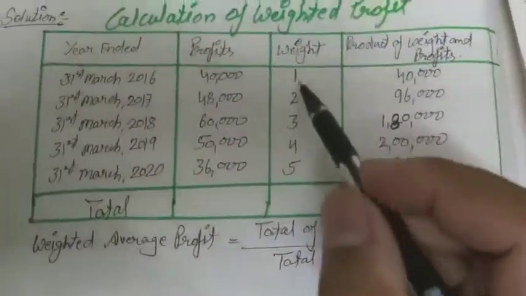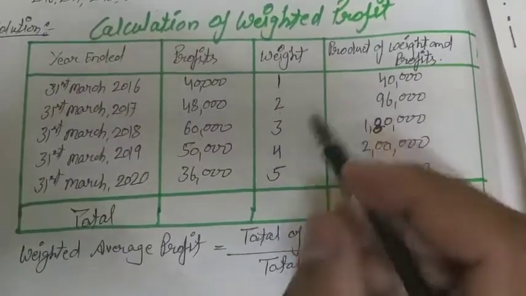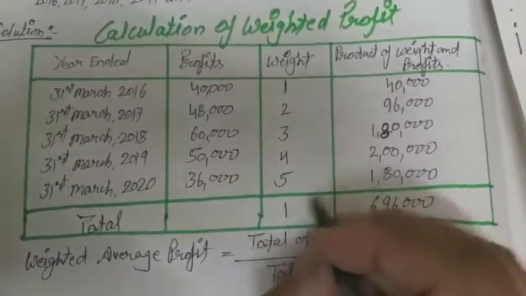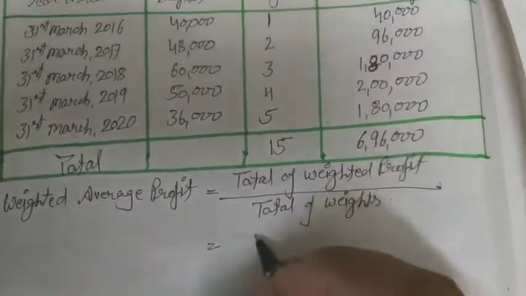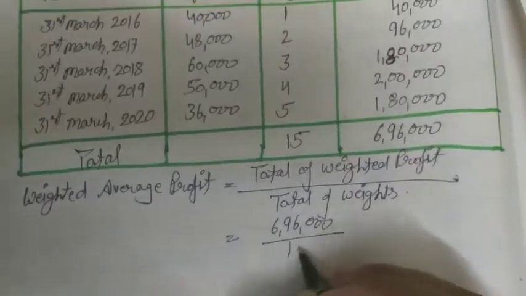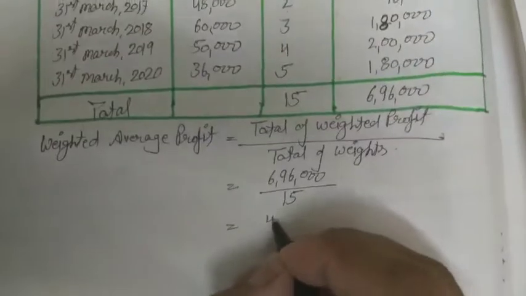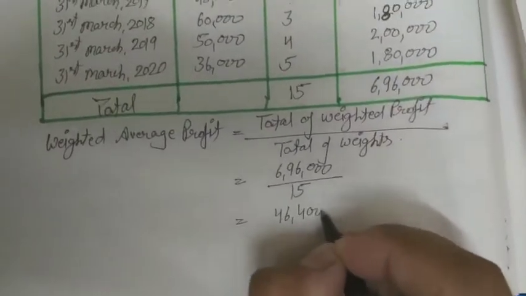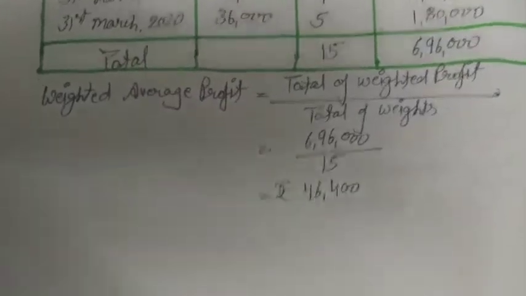Total of weight: 1, 3, 6, 10 and 15. Total of 6,96,000 upon 15. If we divide this, it will equal 46,400. It is equal to weighted average profit.